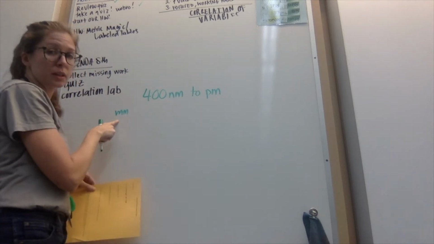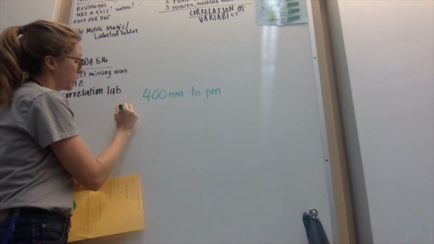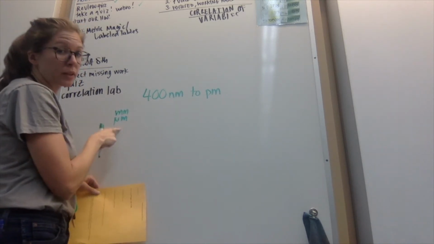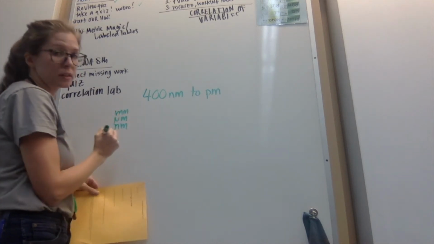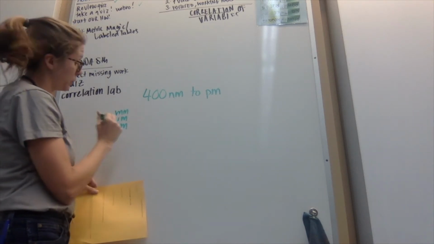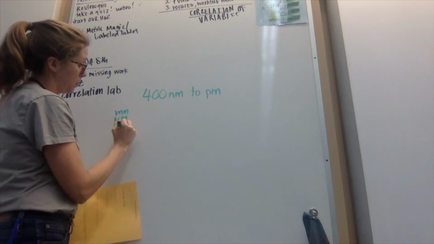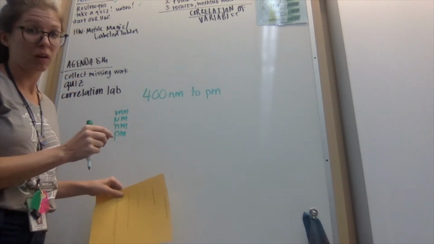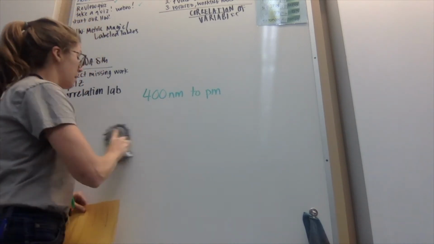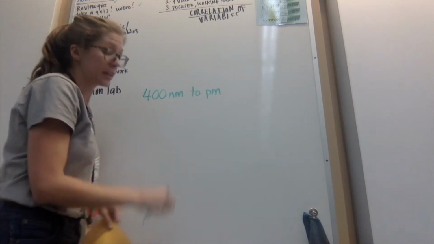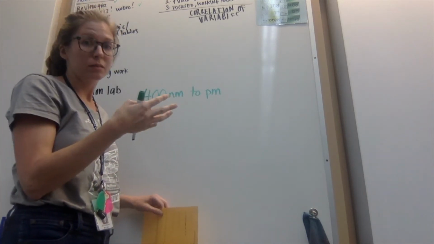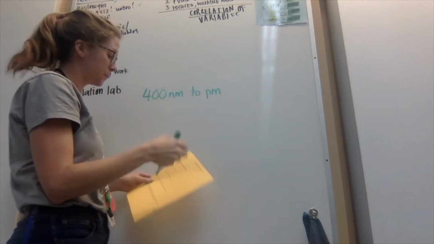If I cut a millimeter into 1,000 pieces, it's a micrometer. If I cut a micrometer into 1,000 pieces, it's a nanometer. And if I cut a nanometer into 1,000 pieces, it's a picometer. Okay, so very small, measuring things like within the cell, molecule size, very small.